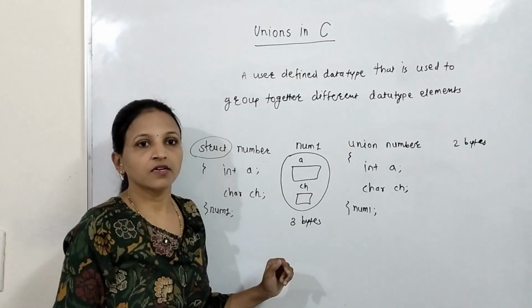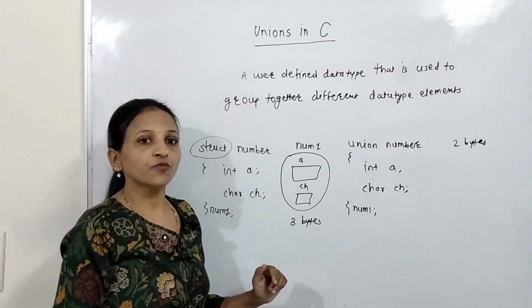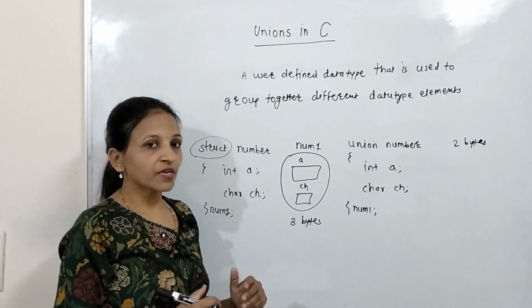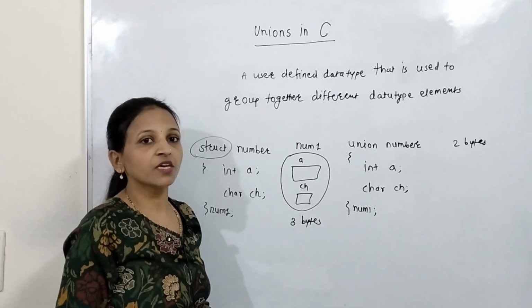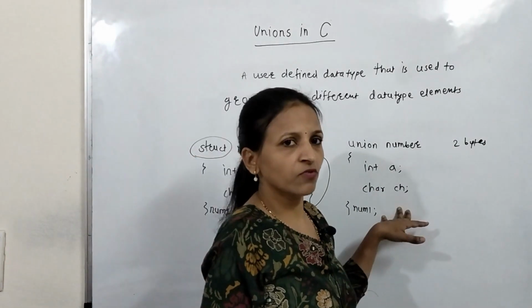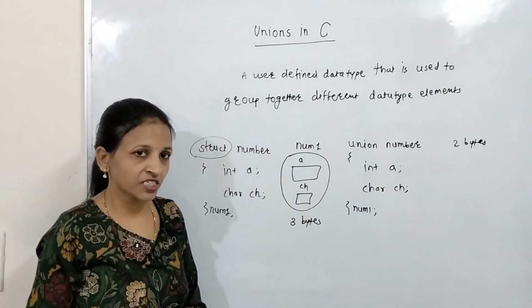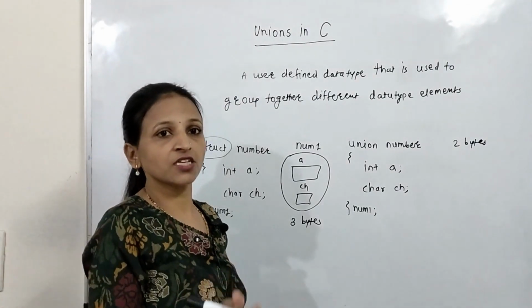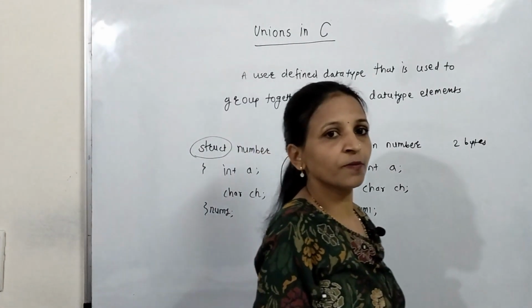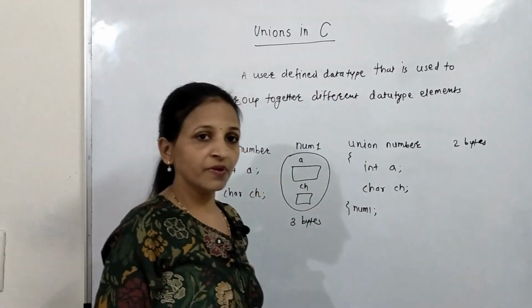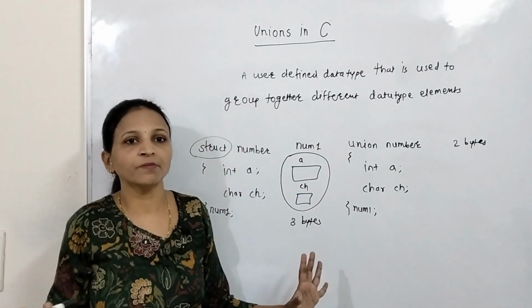Why? Because in case of union, for the memory allocation of one variable of that union, whichever member of that union has the maximum storage requirement, that much space will get allocated for one variable of that union, and that will be shared by all the members.